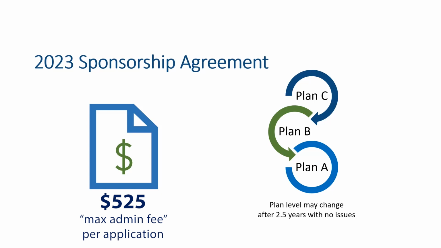So SARs within Plan B and C rather, will have the opportunity to move into a lower risk category plan. And that will happen during the mid-cycle review. That will happen in 2.5 years.